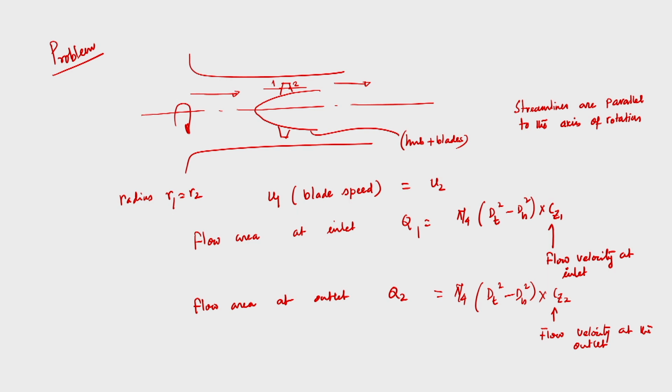So, now these two flow expressions we have obtained: pi by 4 into D tip square minus D hub square into Cz1, and pi by 4 into D tip square minus D hub square into Cz2. The flow area at the inlet and outlet are equal.